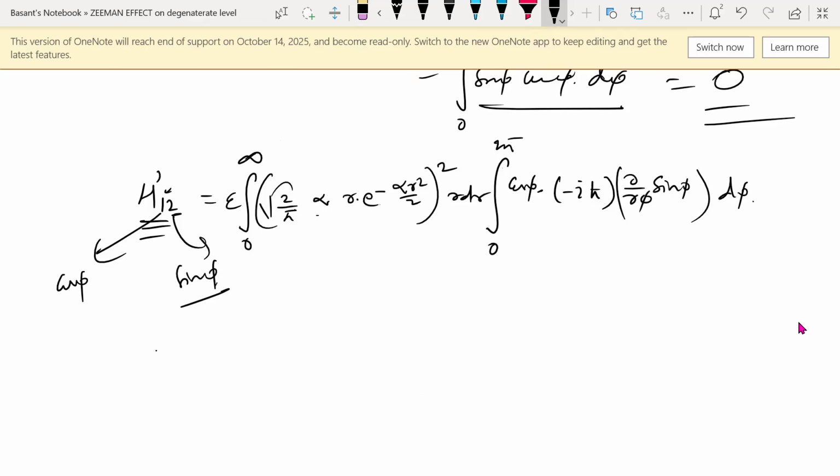Now what is the integration of this integrand?